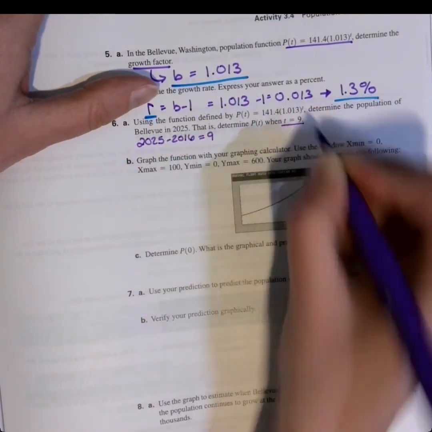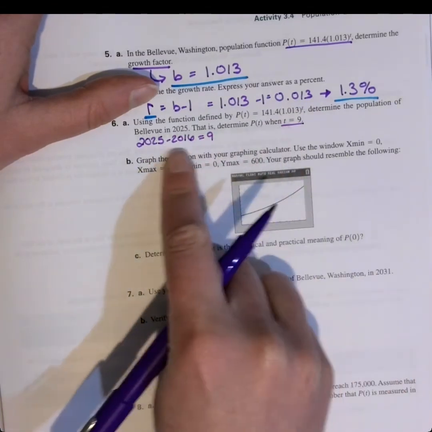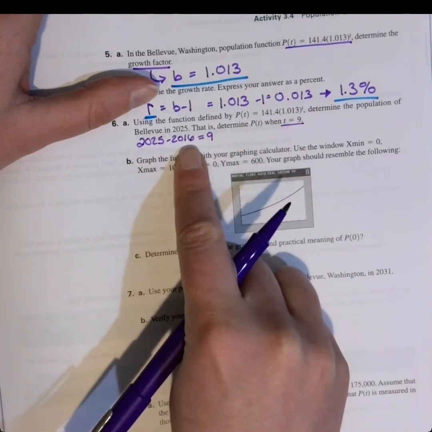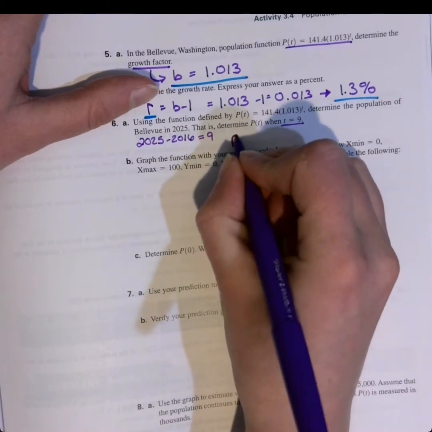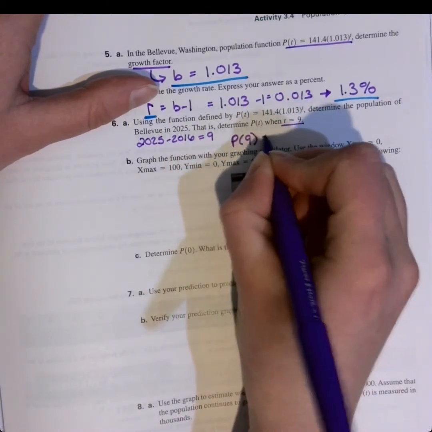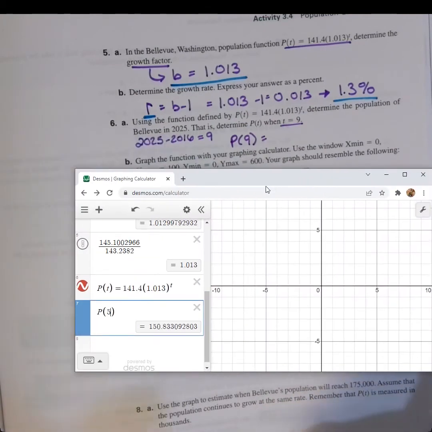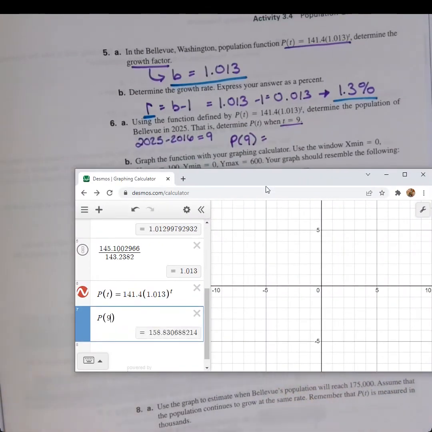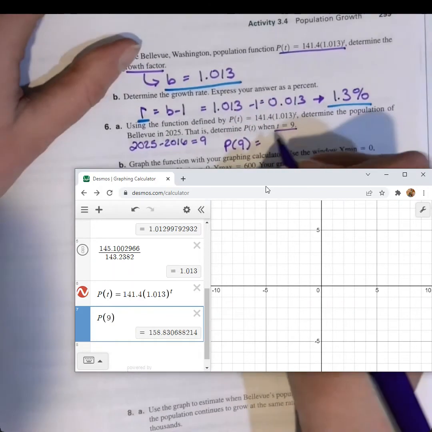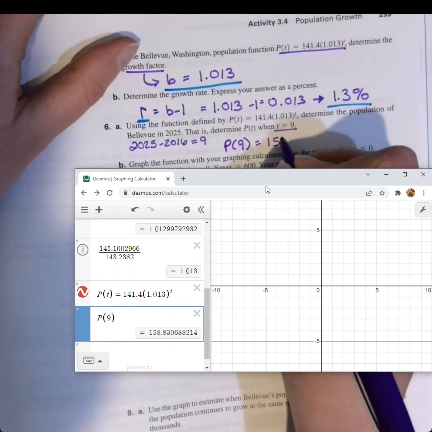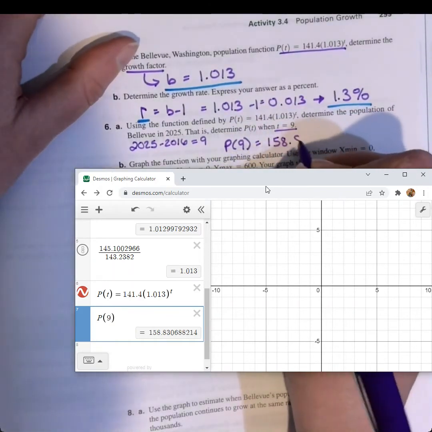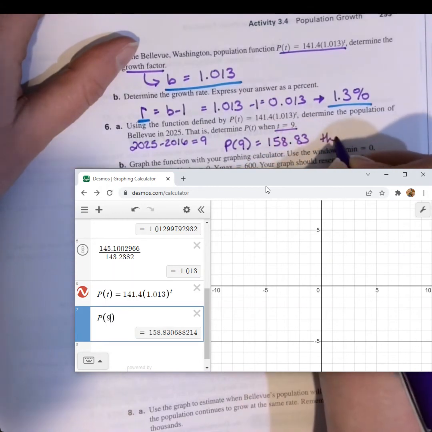That's where this t equals 9 statement comes from, because 2025 is 9 years past 2016. So we're going to compute p of 9. And I still already have my function in. So I'm just going to make it p of 9. And I get 158.83 thousand.